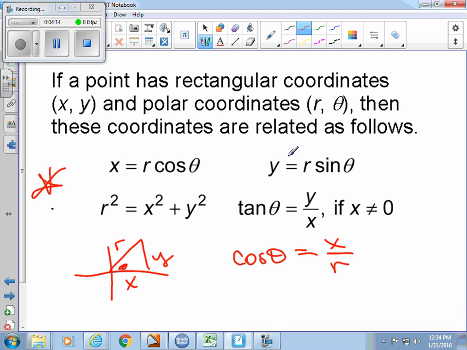Except they called this the length of v cosine of theta and the length of v sine of theta. Tomato, tomato. Same thing. Any questions about those 4 formulas? You will need them for converting from polar coordinates to rectangular coordinates and vice versa.